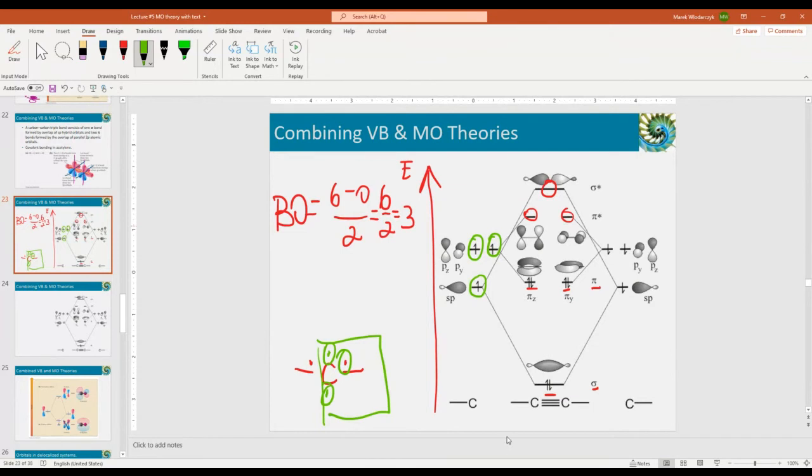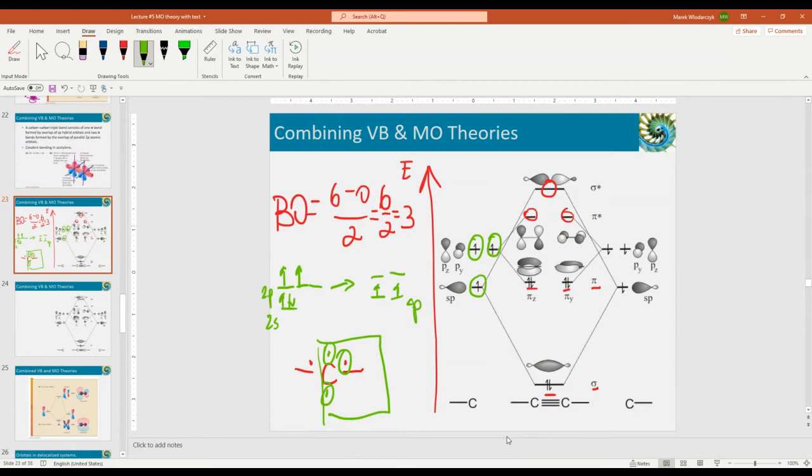And as you remember from the hybridization, when you start with carbon, you have 2s and 2p orbitals, with 4 electrons on the carbon, and they will undergo hybridization. In sp hybridization, only one of the p orbitals will be hybridized, and you will form 2 sp orbitals and 2 p orbitals.